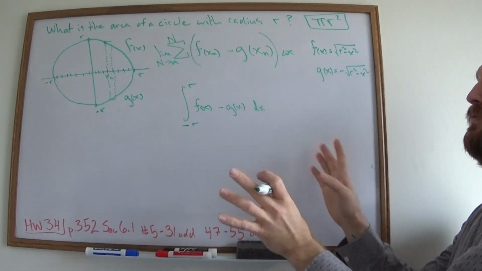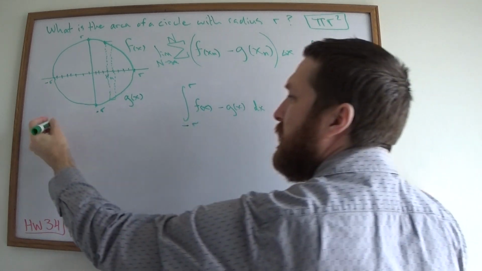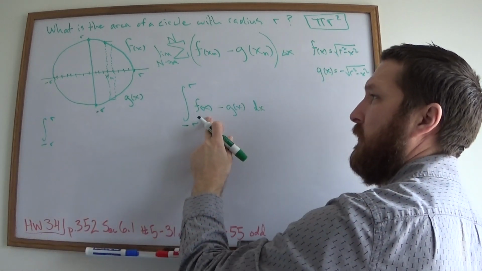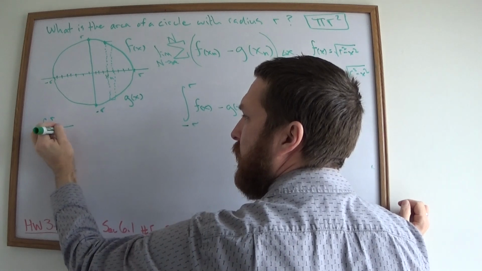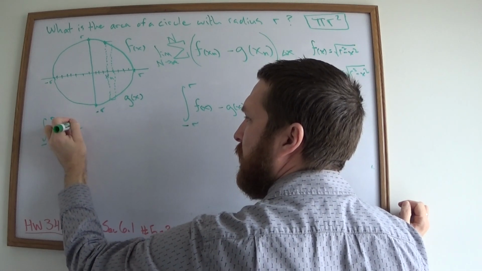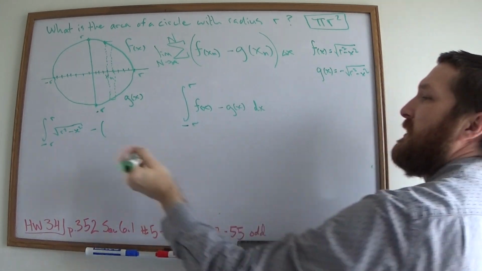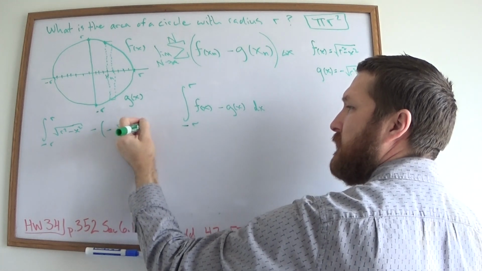So now let's do that with this function here. This will be the integral from minus r to r of f, which is the top half, so root r squared minus x squared, minus the g, which is negative root r squared minus x squared.